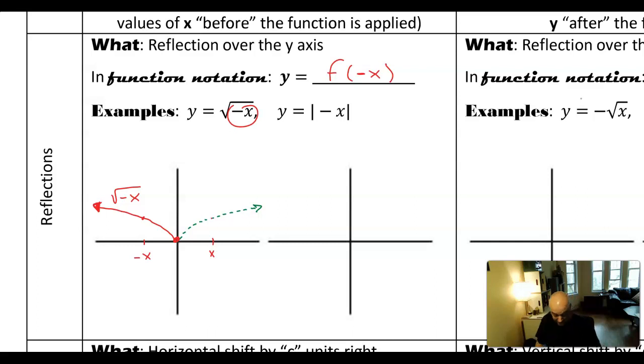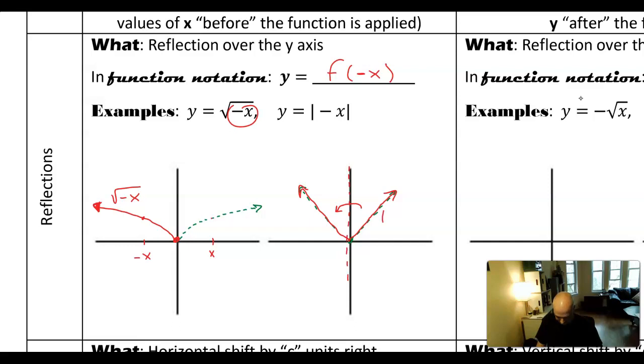For the graph of absolute value of x, let's take a look at that parent graph. It would look like a V. I'm not worrying about scaling on the axes here, I'm just thinking about the shape mostly. Now if I take that graph and reflect it over the y-axis, it's going to look the same, and that's something that can happen with a reflection over y, is you do have a reflection, you did mirror this graph, but the graph has some kind of symmetry already.